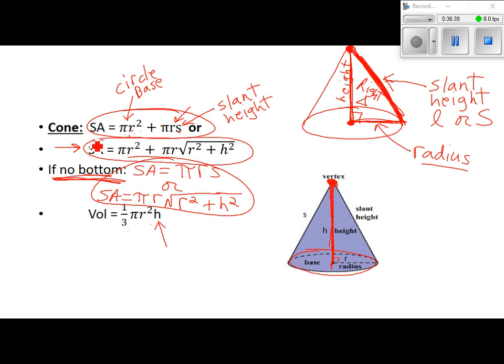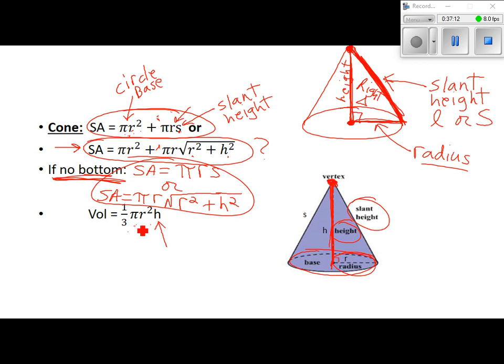This formula uses radius and the regular height. You're always going to be given two of those three things. And that just makes it whichever formula you want to use. If you don't like this formula, then you could always use this one, and we can always find the slant height by doing something, and we're going to talk about that here in a minute.